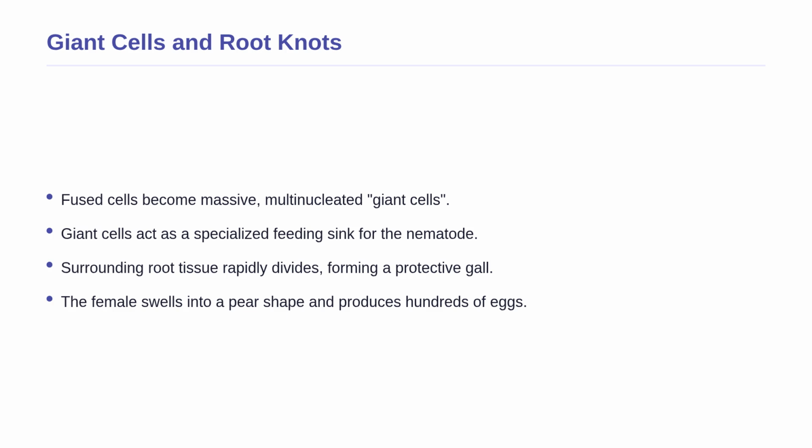While the nematode feeds, the surrounding root tissue rapidly divides to form a protective casing, which creates the characteristic gall, or root knot, that gives the parasite its name. Safely inside this knot, the female nematode eventually swells into a distinct pear shape. She then produces hundreds of eggs, encased in a protective, gelatinous matrix on the root surface, ready to start the destructive cycle all over again.